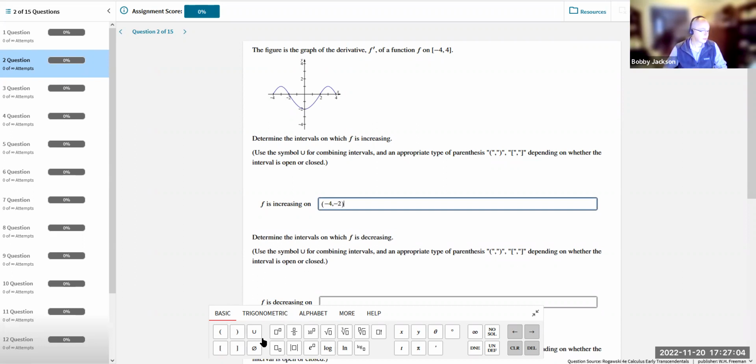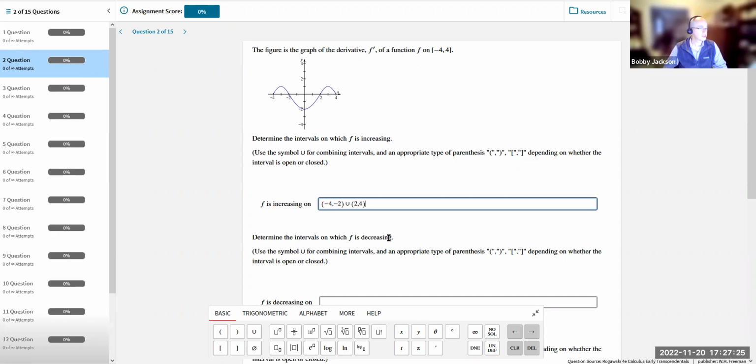So I'm using this template down here. And then we're going to use the union symbol. This is the union symbol for combining intervals. So I'm going to use that union symbol right there, and then open parentheses from 2 to 4, and close parentheses. So there hopefully is my first correct answer.